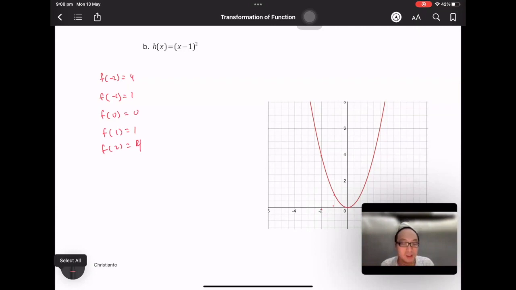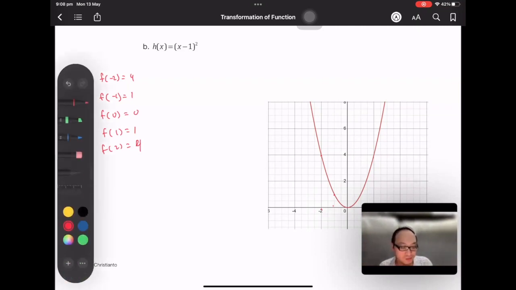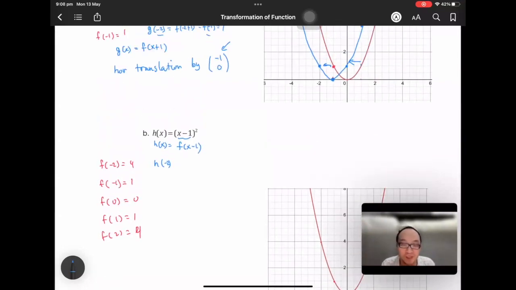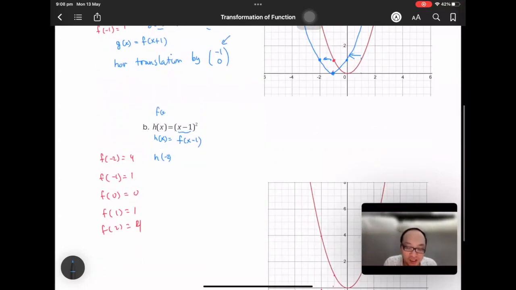And now for h(x), so this will be f(x - 1). Remember that f(x) is x squared. So if I replace x by x - 1, so it's replacing the x here.